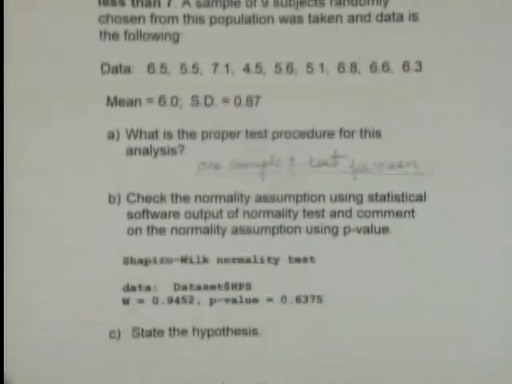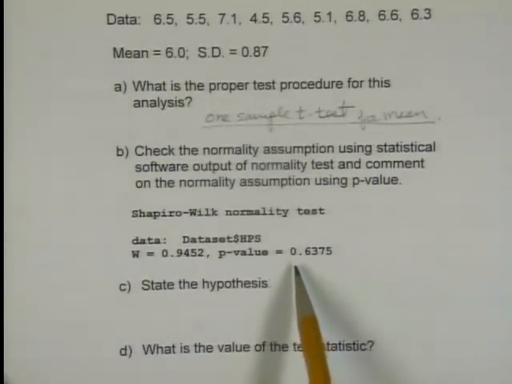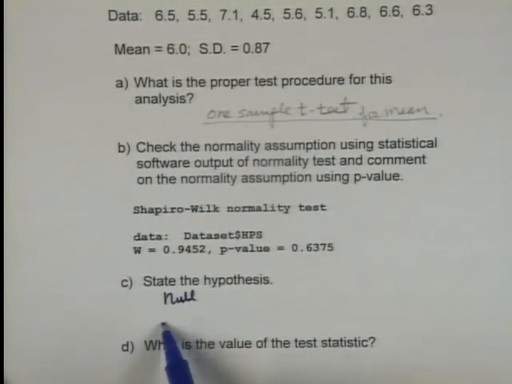So in order to do that, you got to test the hypothesis for normality, right? Check the assumption, I should say, right? So, well, you saw this p-value higher than 0.05 means normality is okay, right? So we want to state the hypothesis. What's the hypothesis? You got to have null and alternative, right?